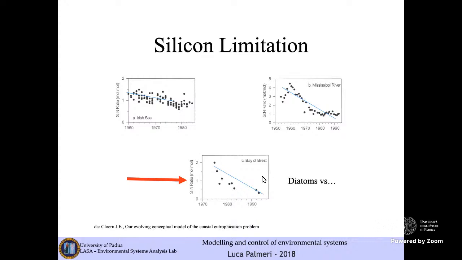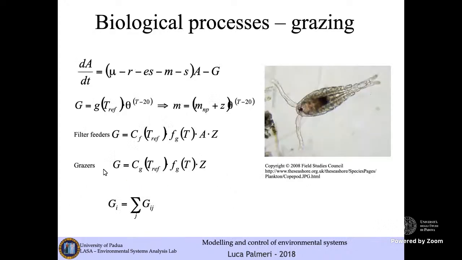So this forces you to ask yourself the question concerning what is the role of diatoms in this algal pool. If you have this kind of data, then you shall realize that there is a significant role of diatoms in your algal pool that may affect the growth rate of primary producers. Okay.